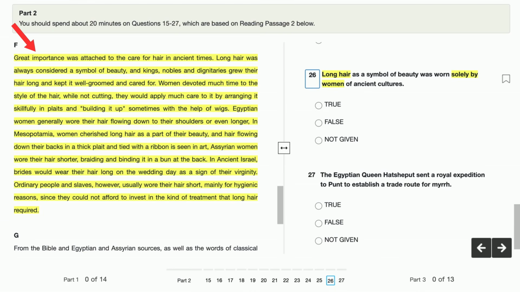In Mesopotamia, women cherished long hair as a part of their beauty, and hair flowing down their backs in a thick plait and tied with a ribbon is seen in art. Assyrian women wore their hair shorter, braiding and binding it in a bun at the back. In ancient Israel, brides would wear their hair long on the wedding day as a sign of their virginity. Ordinary people and slaves, however, usually wore their hair short, mainly for hygienic reasons, since they could not afford to invest in the kind of treatment that long hair required.